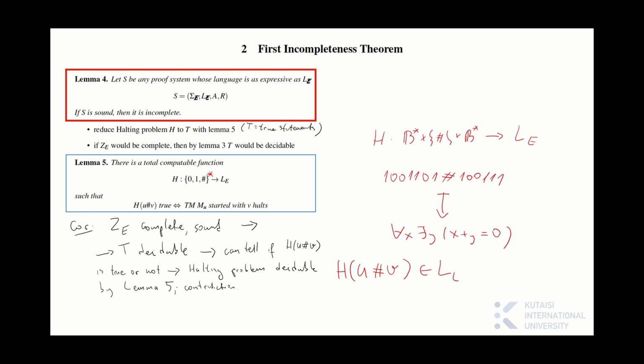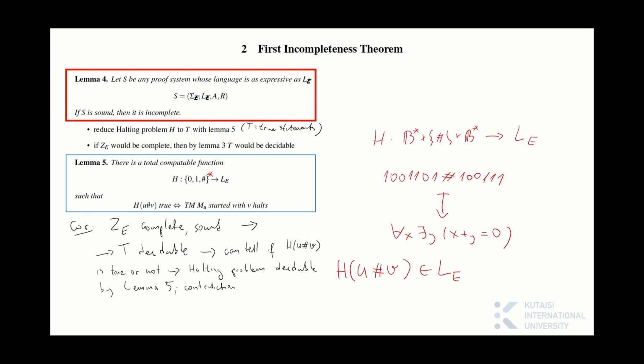This is a statement about natural numbers, some statement. For example, this one: for any x there exists y such that x plus y is 0. This is false in natural numbers. However, our lemma says that you can construct a sentence in natural numbers which is true if and only if Turing machine U started on input V halts.